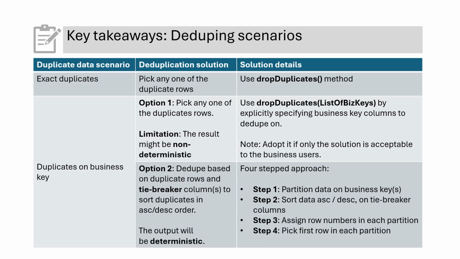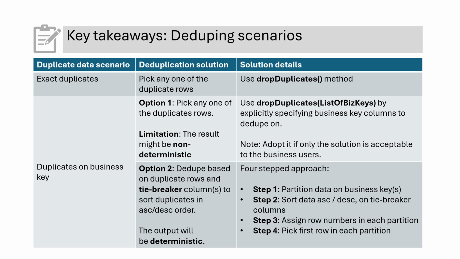Duplicate data can be one of two types: exact duplicates, or duplicates on business key. In case of exact duplicates, we can pick any one of the duplicates as part of deduping. Further, we can use the drop duplicates method of the data frame. Whereas, in case of duplicates on business key, we have two options.